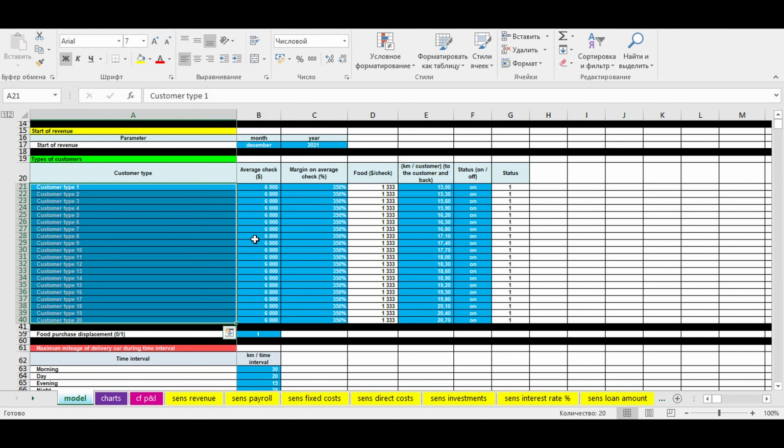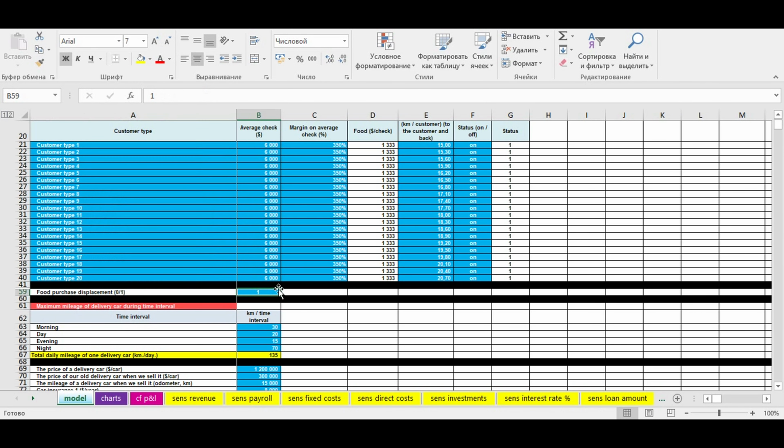Then you enter if there is any displacement for direct costs. If your direct costs are financed from revenue, you enter 0. If your direct costs come from first and you can't finance them from revenue, you place 1 here.